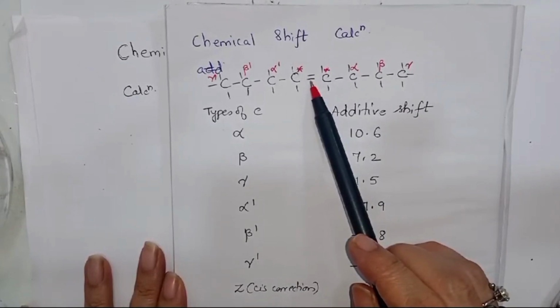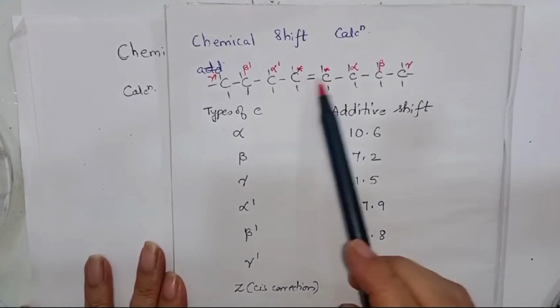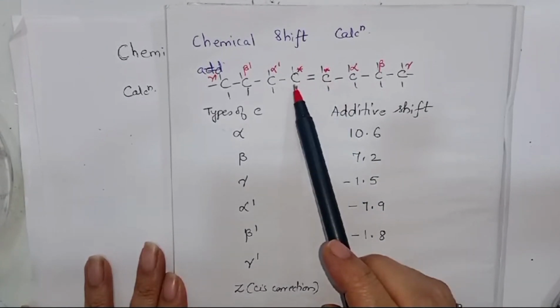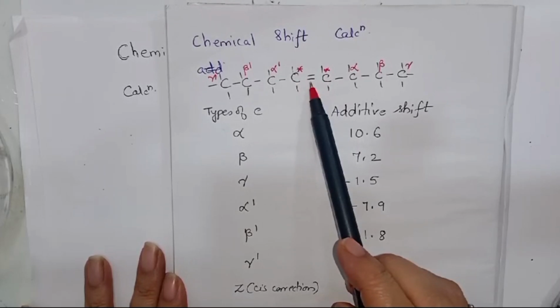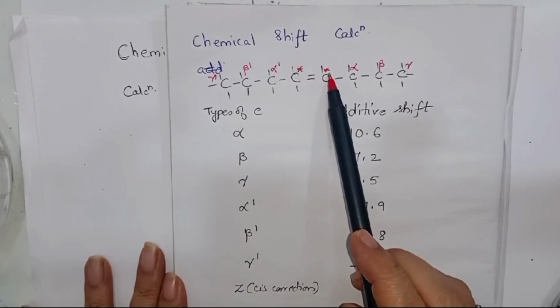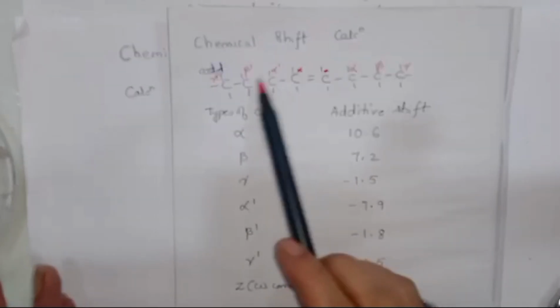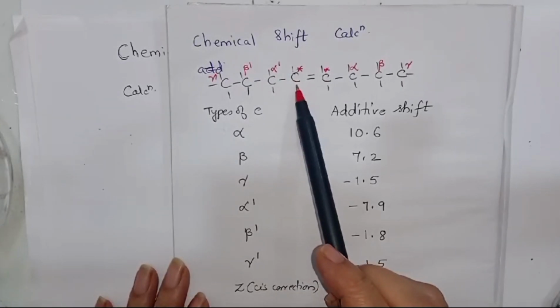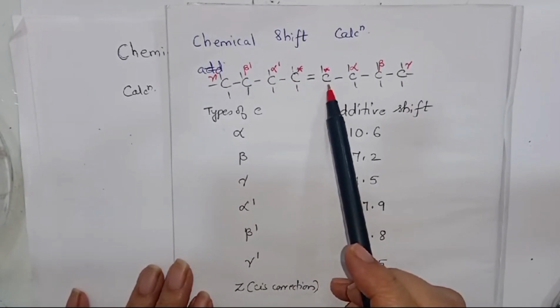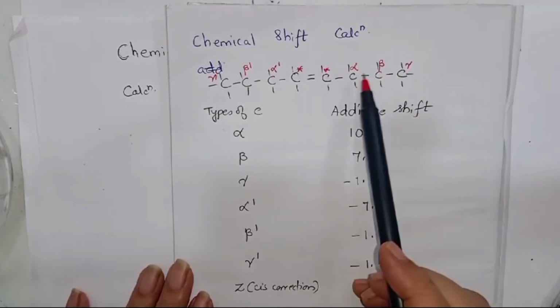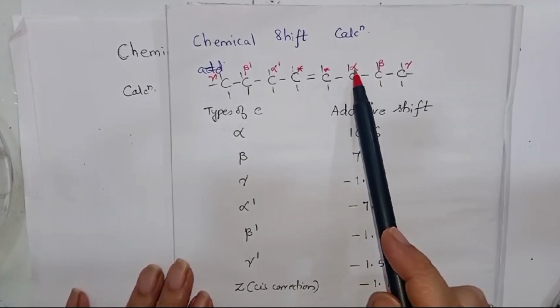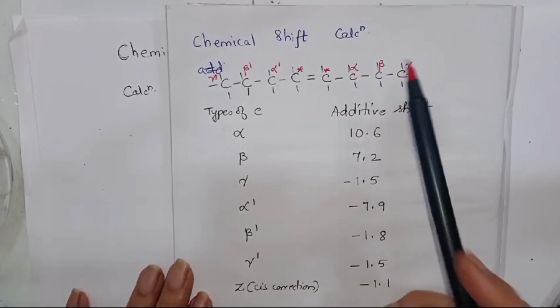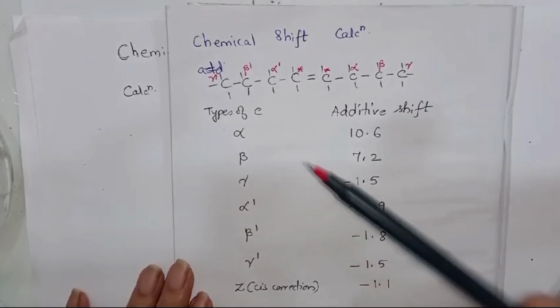Alkene is a double bonded carbon. So carbon 1 and carbon 2, in between these double bonds, we will take them as starred carbon. Left side of the starred carbon, if we are taking this carbon as carbon 1, then on the right side we will write down alpha, beta, gamma, and we will take these values.